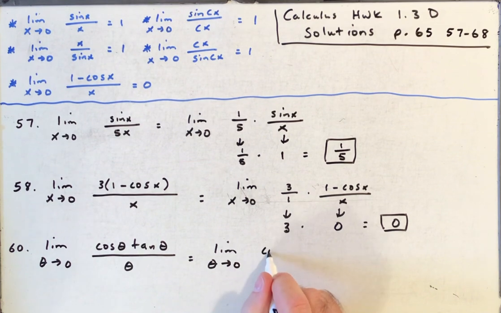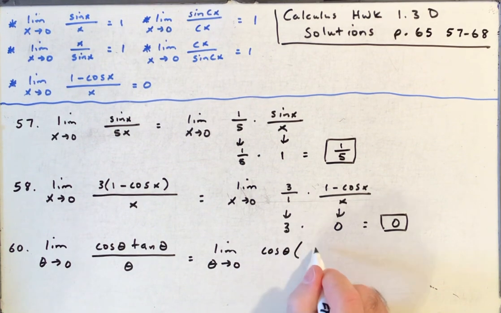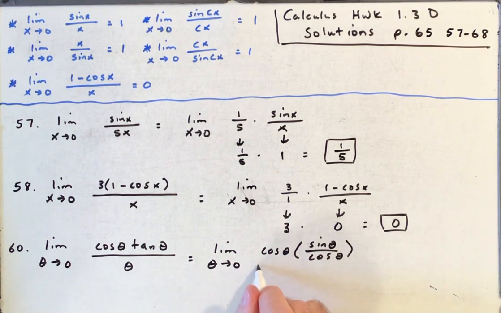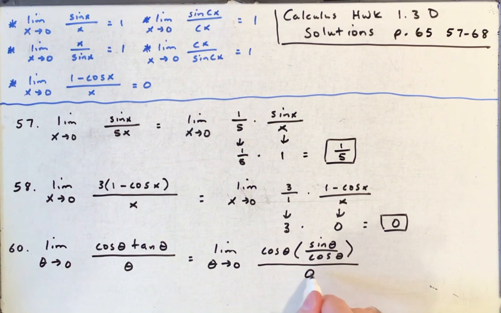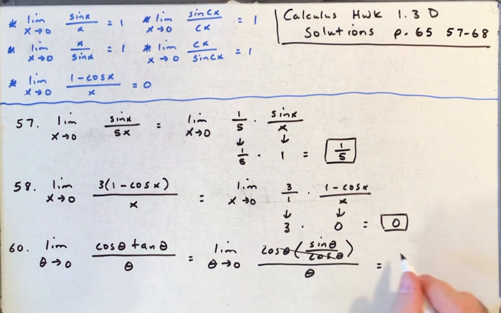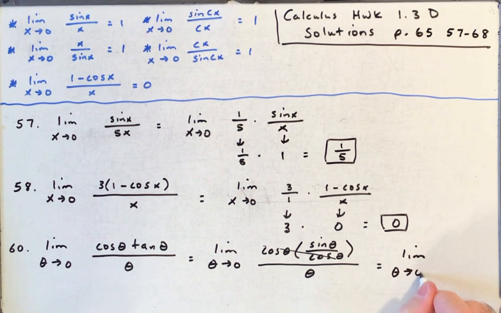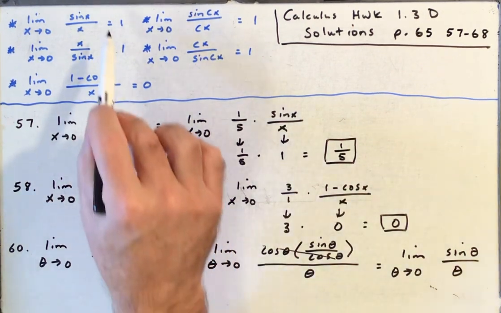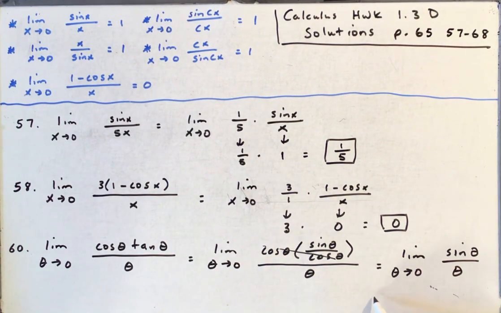So we'd have cosine theta times sine theta over cosine theta. I hope you can see something useful is about to happen. So those cosines will cancel out, and you've got the limit as theta approaches 0 of sine theta over theta. And that's the same as sine x over x, right? So the answer is going to be 1.